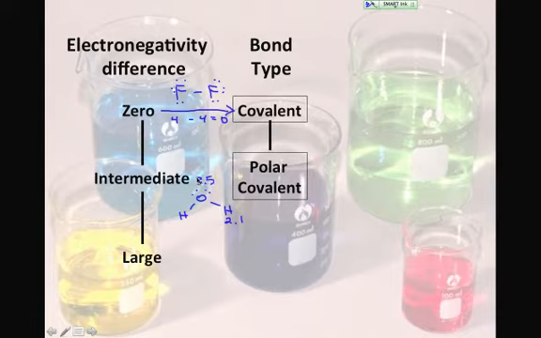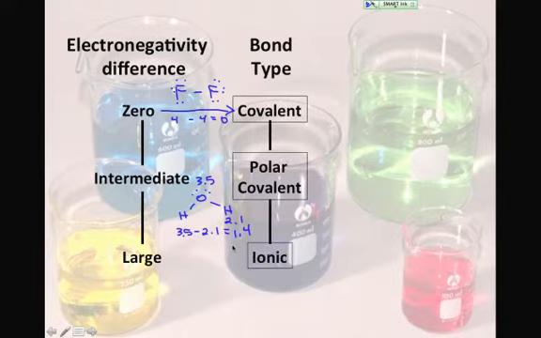Oxygen is a 3.5, and so the difference between 3.5 and 2.1 is 1.4. So it's not big enough to be considered ionic, but it's certainly not 0. The oxygen is hogging the electrons way more than the hydrogen.